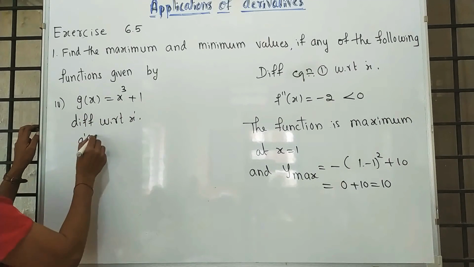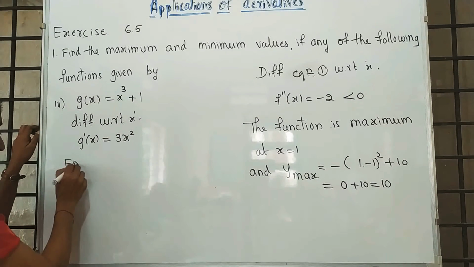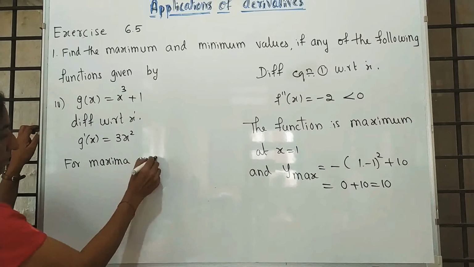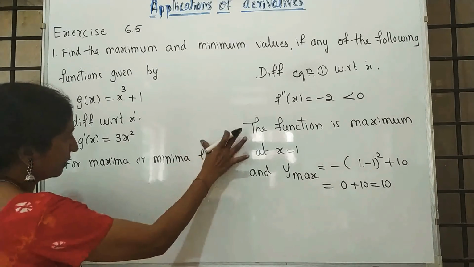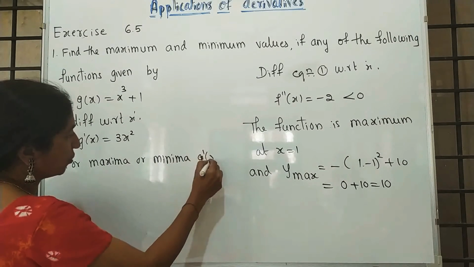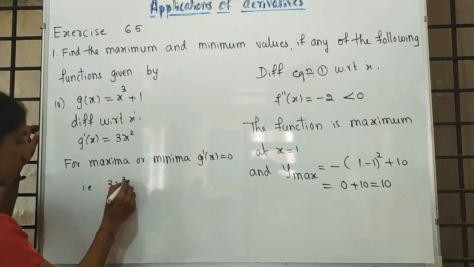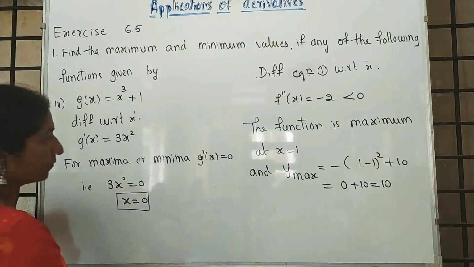G dash of x is 3x square. For maxima or minima, g dash of x is equal to 0. That is 3x square is equal to 0, which implies x is equal to 0.